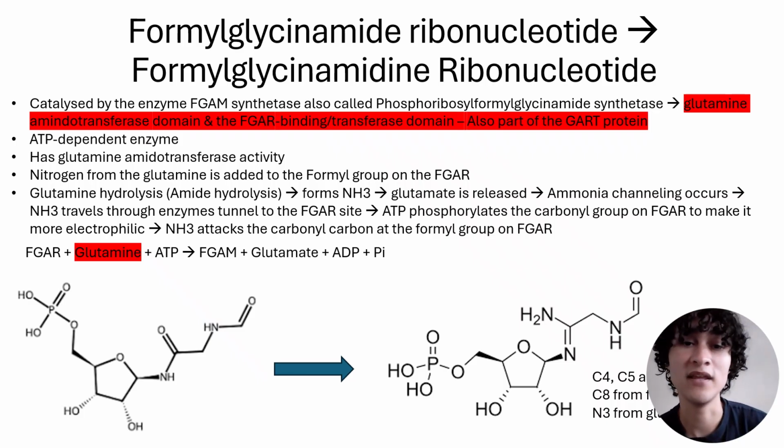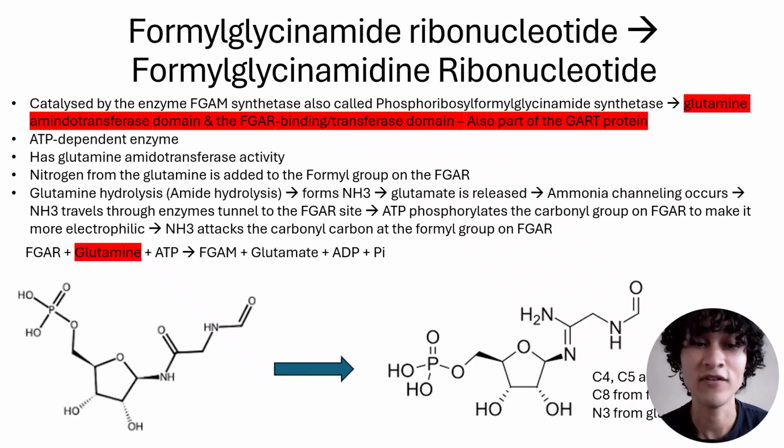Now, in the equation, I've got FGAR, which is formyl glycinamide ribonucleotide, plus glutamine, because glutamine is our nitrogen donor, plus ATP, because ATP is our temporary phosphate donor. We want to donate one of those phosphates to our formyl glycinamide ribonucleotide to make it more chemically reactive, to allow that amine group to act as a nucleophile and form our FGAM, or formyl glycinamidine ribonucleotide.